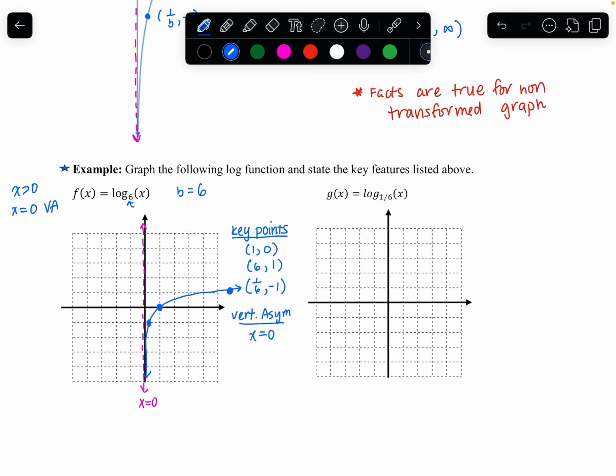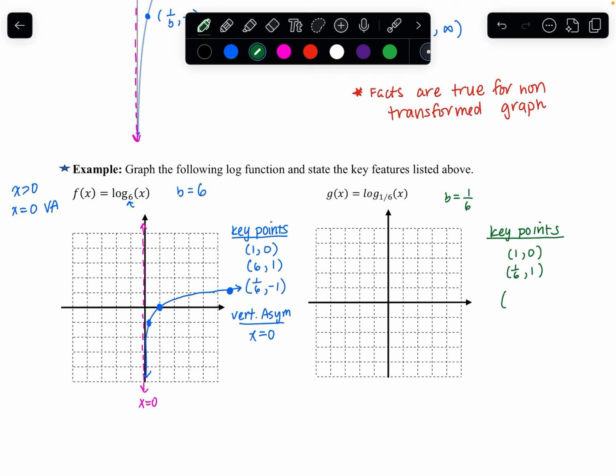Let's try the next one. So that is one of our shapes. For this particular graph, where our base is a smaller value, somewhere between 0 and 1, like 1/6, let's label our key points really quick. We're going to see the other shape happen. So (1, 0), (b, 1), (1/6, 1).